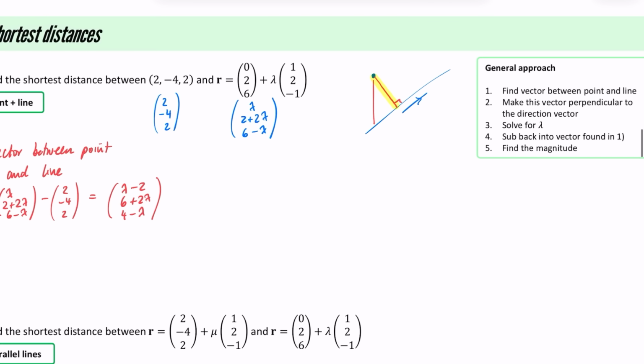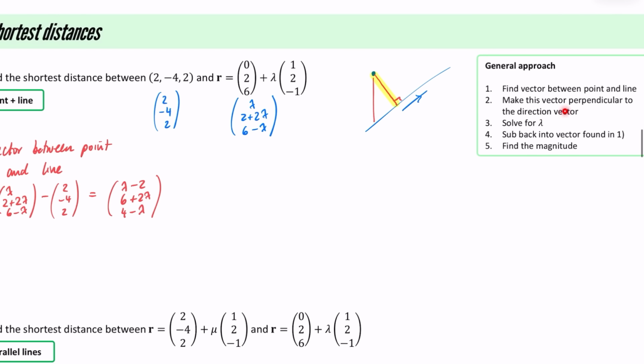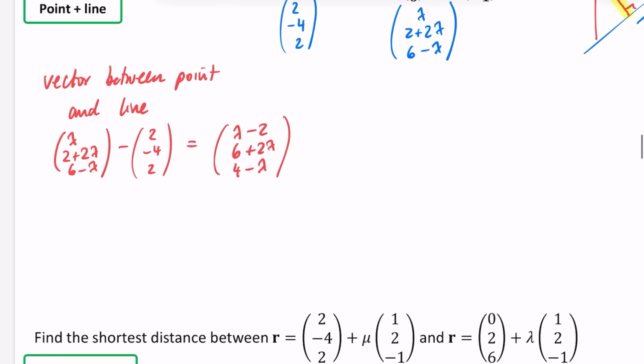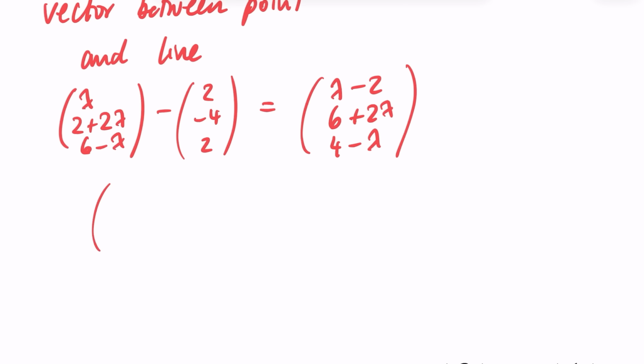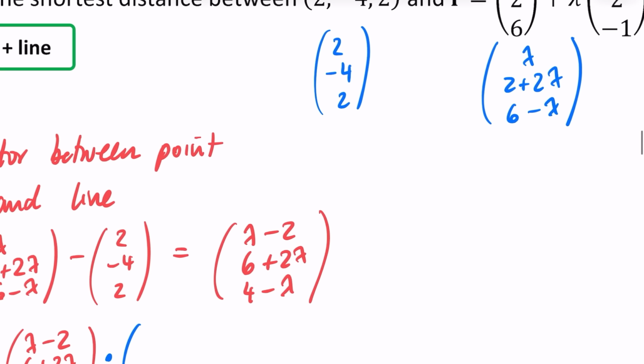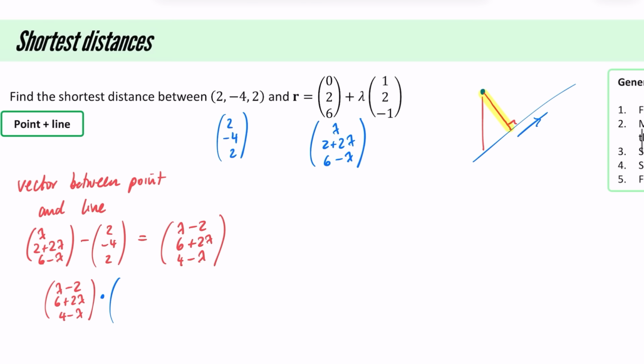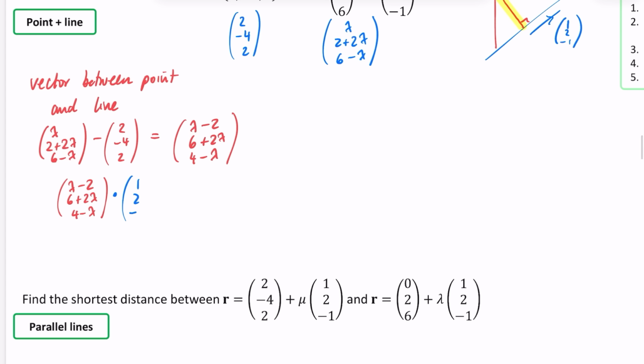We are now going to make this red vector perpendicular to the direction vector, okay? So this means that I want the lambda minus 2, the 6 plus 2 lambda, and the 4 minus lambda, I want to dot it with the direction vector, which is 1, 2, and minus 1. I want to make them equal to 0.